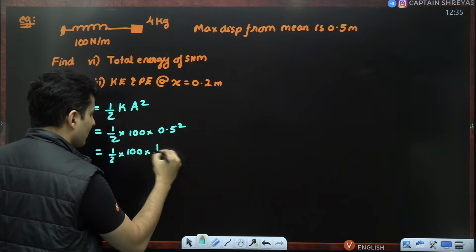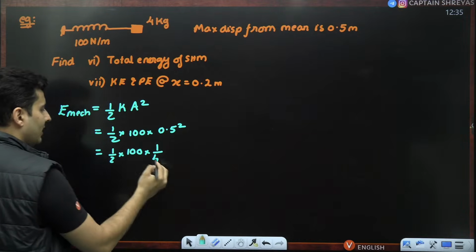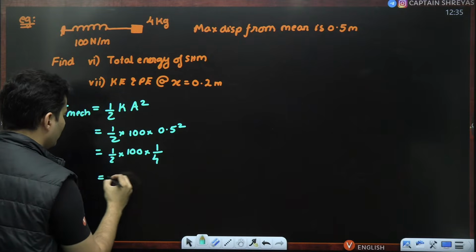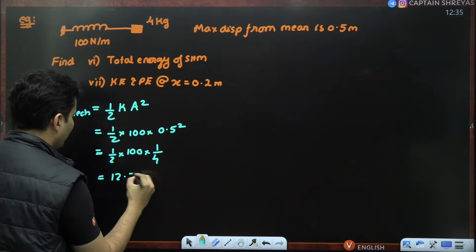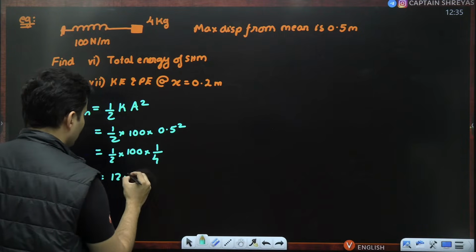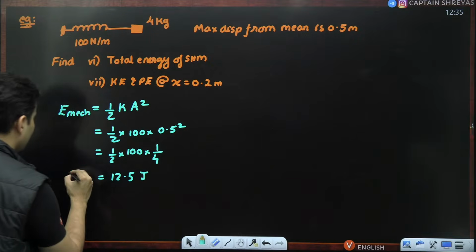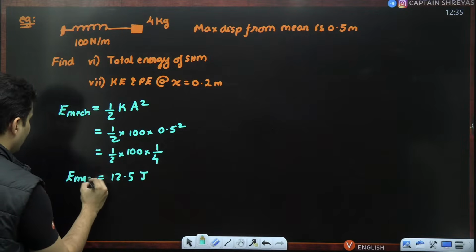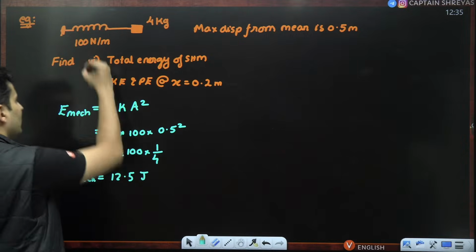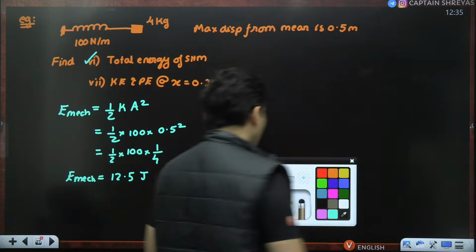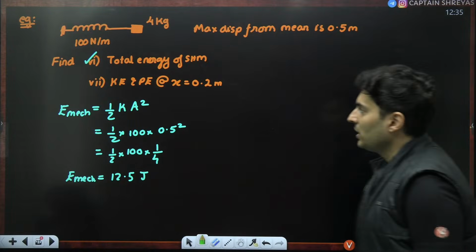Half square is 1 by 4. Now 100 by 4 is 25. 25 by 2 is 12.5. So 12.5 joules is the total mechanical energy. So this part is done. Okay, cool. Let's move ahead to the next part of the question.